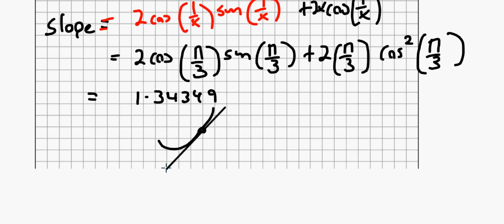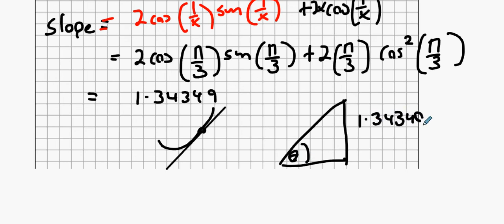Now I think we could just basically assume that it goes, so that's its slope, right? So we already have its slope, so we know that it has an angle theta, and the opposite would be 1.34349, the adjacent would be 1, and then just tan inverse it, because tan theta is the slope, for those of you that don't know that.